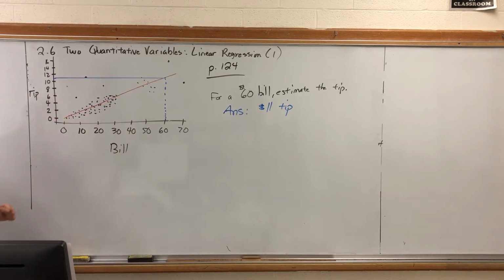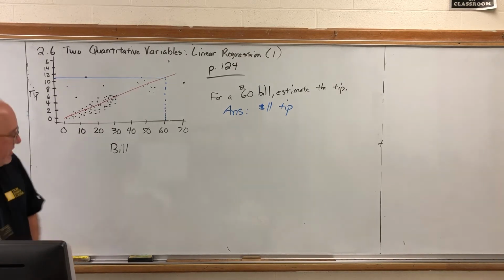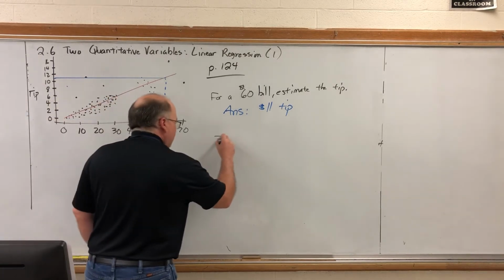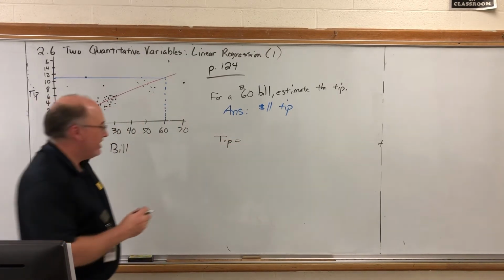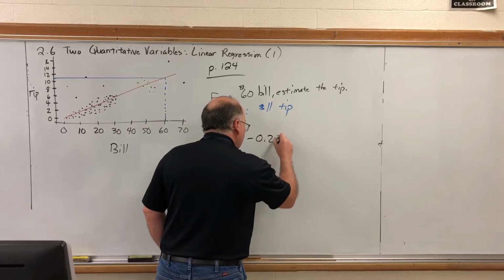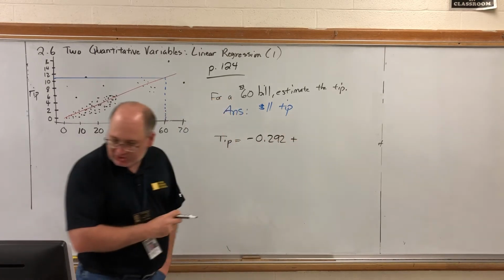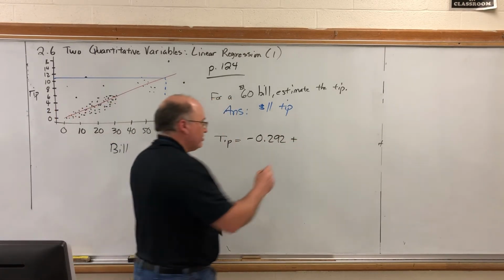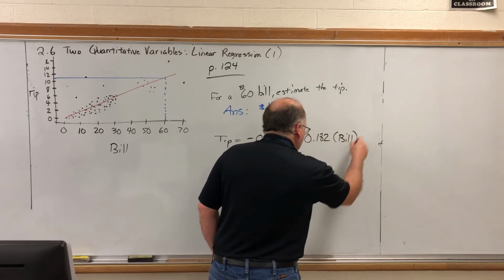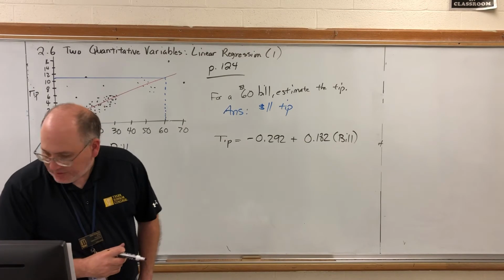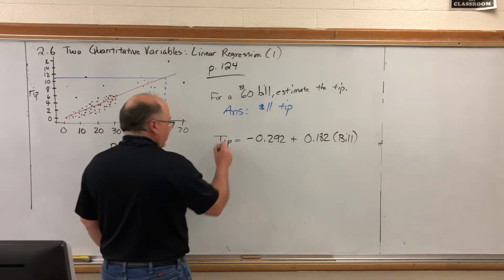But the equation of this particular line, and again, I'm just stealing this straight from the book, is tip hat equal to negative 0.292 plus 0.182 times the bill. And I just stole this off of page 125, and if you look at that equation, you'll notice that there's a hat over the tip, like p hat, except tip hat.